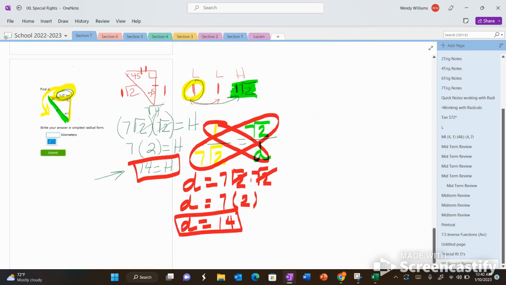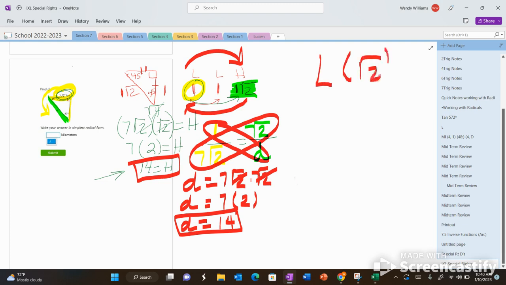It does require you to understand whether you're getting bigger, you're multiplying by the square root of 2. If you're getting smaller, you're dividing by the square root of 2. Given a leg, we multiply by the square root of 2 to get to the hypotenuse. Given a hypotenuse, we're going to divide by the square root of 2 to get to the leg.